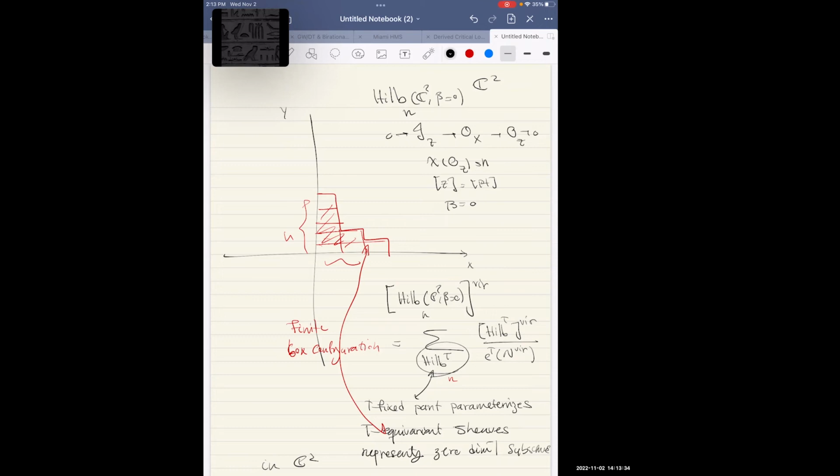Now, I ask you a question. If I give you a box configuration like this, 2 in here and 1 in here. This is x and this is y. Okay, and C star squared is acting on C squared by T1, T2 acting on x and y, T1 times x, T2 times y.